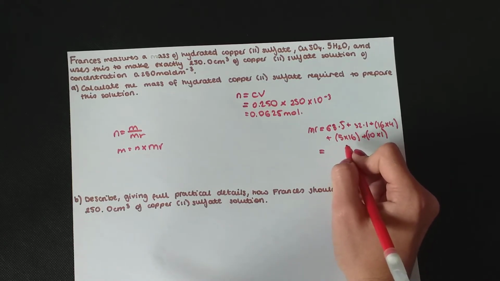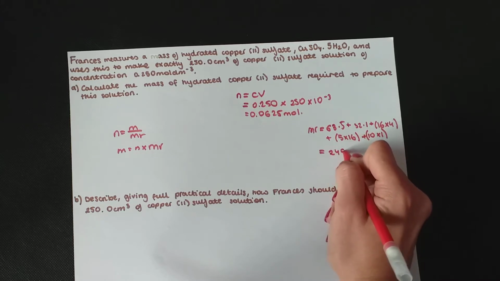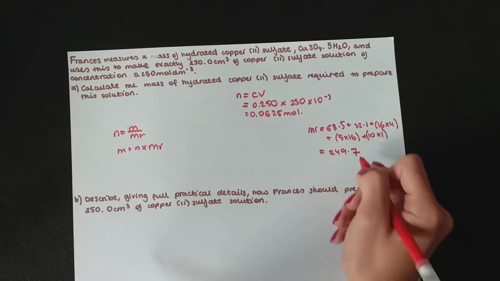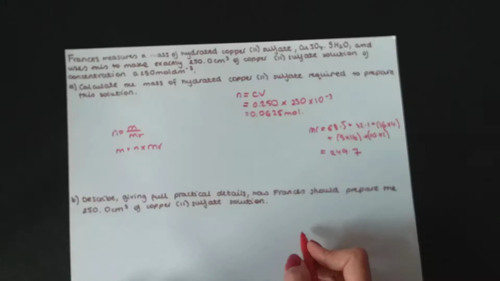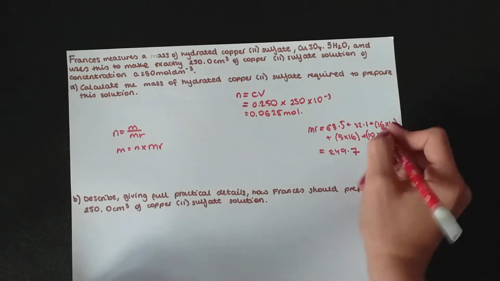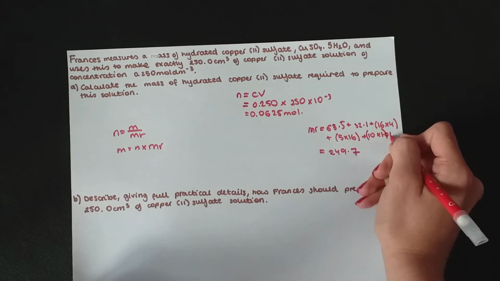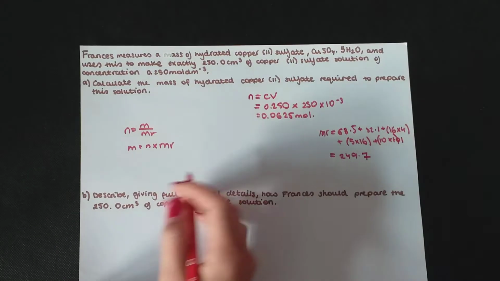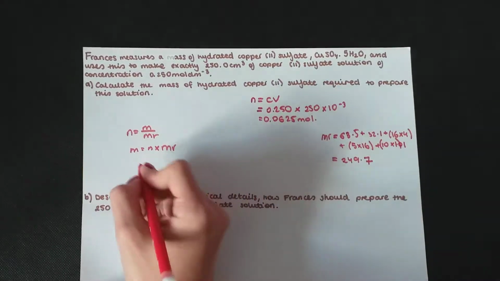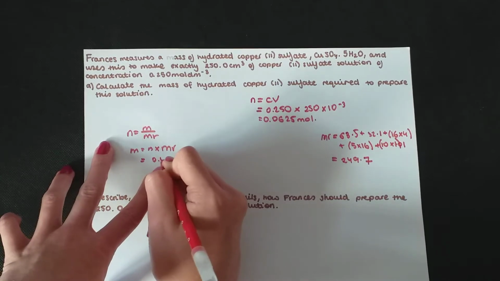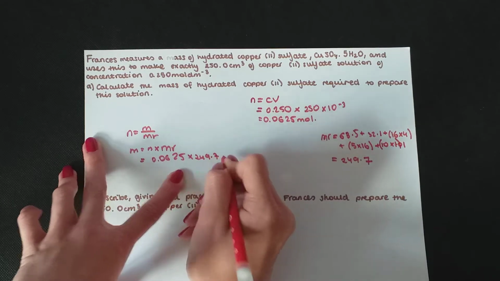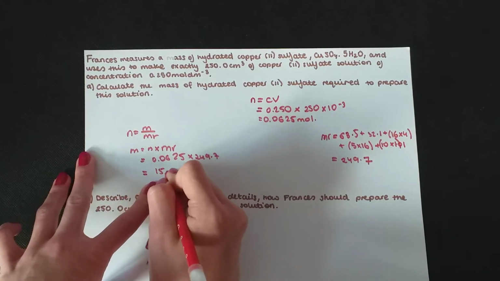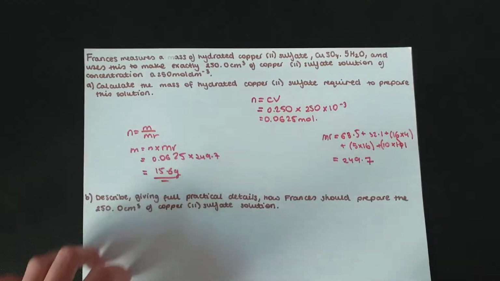And all of this gives us 249.7. We have the Mr, we have the number of moles, so we just have to combine them. And the answer we get is 15.6 grams.